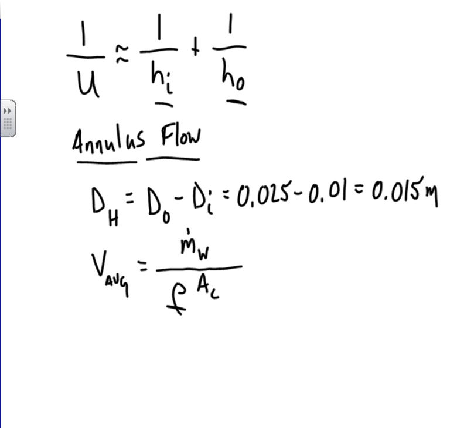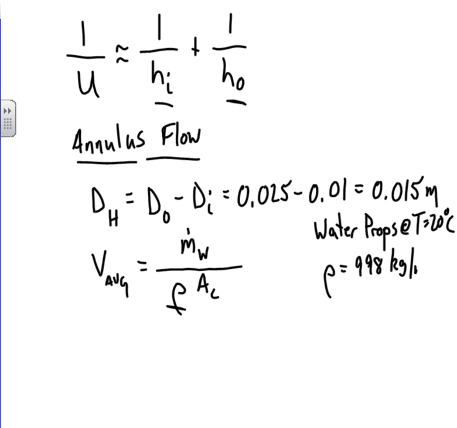Okay? So now we notice that we're going to have to get some properties for our water because we need rho. So let's go to the back of our book, and we're told that we have water and that it is at a temperature of 20 degrees Celsius. So if you go to table A-9 in the back of the book, and you look up the properties of water at T equals 20 degrees, you will find that the density is equal to 998 kilograms per meter cubed.